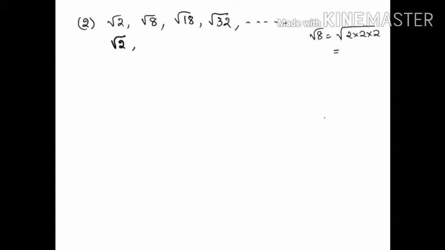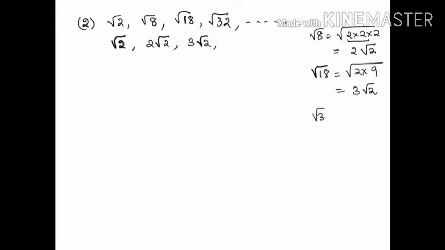That can be written as 2 root 2, because square root of 2 into 2 can be written as 2. Now root 18 can be written as square root of 2 into 9, and square root of 9 is 3. So root 18 is 3 root 2.